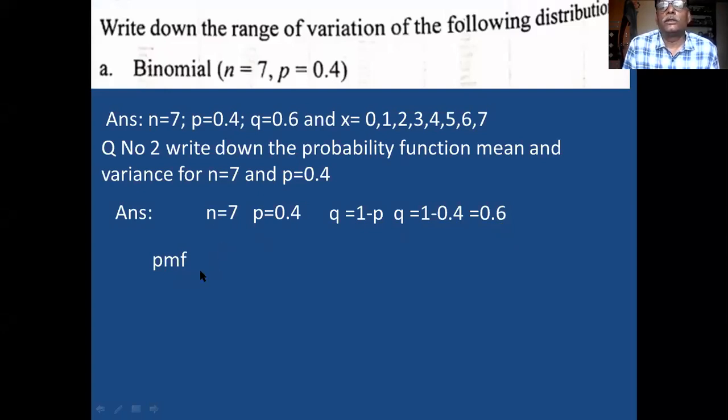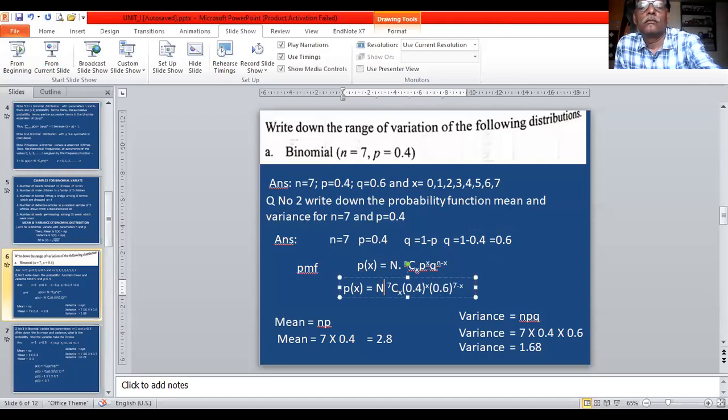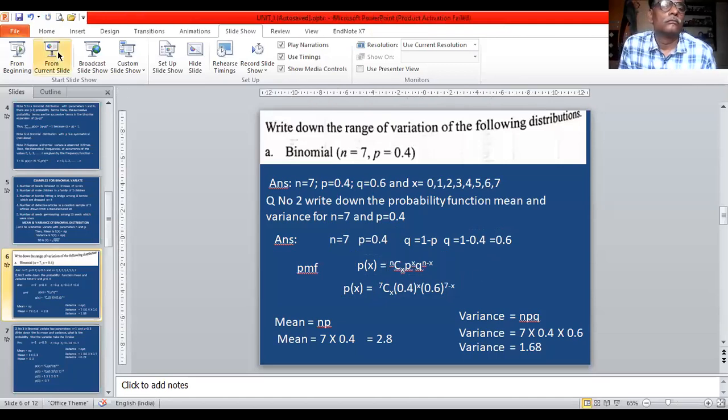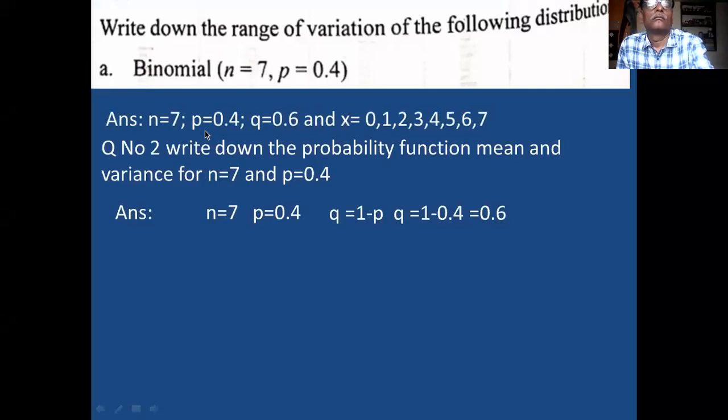Then probability mass function means your equation. The equation of the binomial distribution is: probability mass function, probability of x is equal to nCx p raised to x q raised to n minus x.